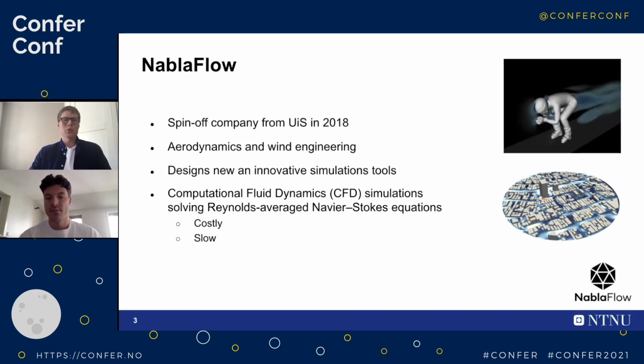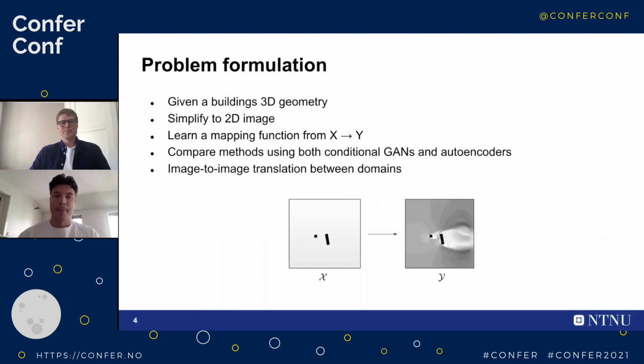And what we try to do for Nobleflow in this project is find a way to use machine learning to train a model to perform predictions on how these wind simulations should look like. Yes, and we have formulated our prediction problem as such. So given a 3D geometry of a building, we simplify it to a 2D quasi-image.